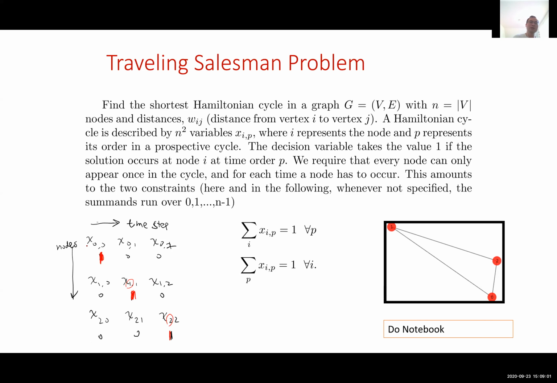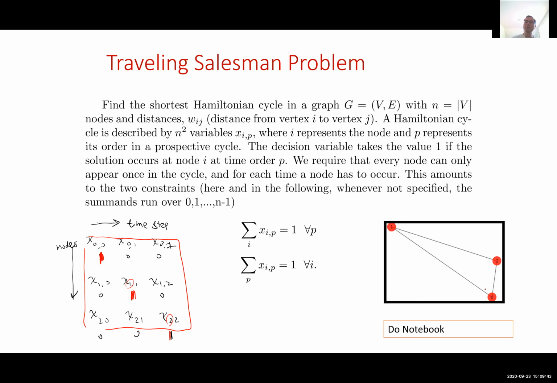You can see that in this 2-dimensional array, when you sum over the nodes, it has to add up to 1, and when you sum over the time steps, it is also 1. So there's a constraint there. In order to solve the n vertex problem, we use n squared variables. I think it may not be the most economical way, but this is the way it was set up in the notebook.